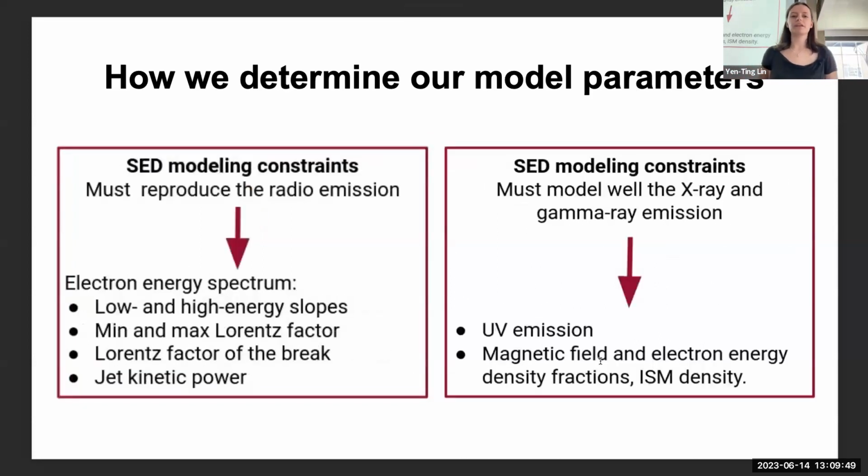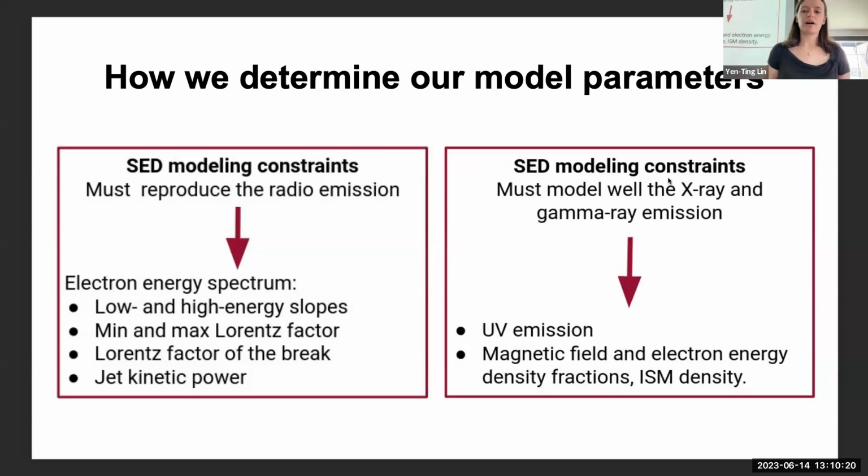And our modeling was actually performed using the radio and high energy data. Using radio data, since we knew the radio emission, we could try to reproduce it with our model by changing the low and high energy slopes of the electron energy spectrum, its minimum, maximum, and break Lorentz factor, and also the jet kinetic power.